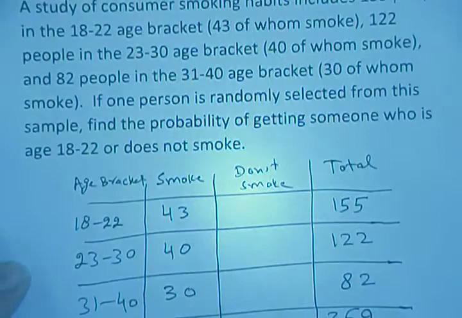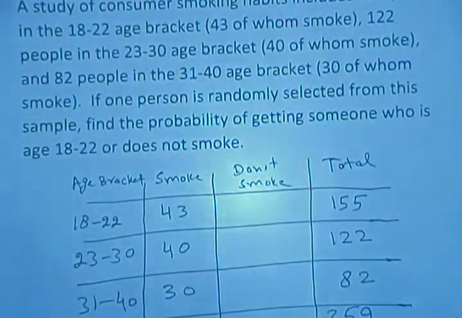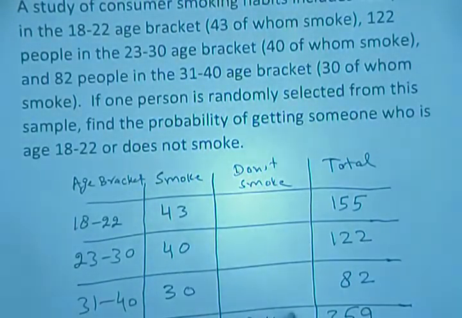So now you can imagine that total people are 359, and out of 359, 113 are smokers. So how many are non-smokers then? Subtract, and you get 246. You can make sure by adding them, and you would get 359.